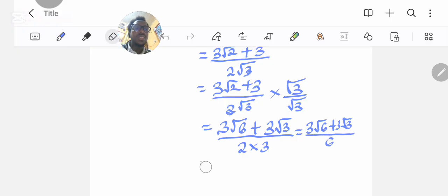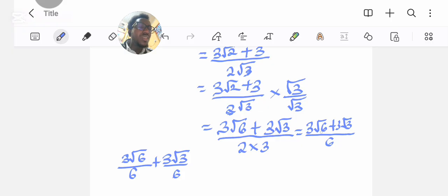And this is the same as this. You can easily separate this and say this is 3 root 6 all over 6 plus 3 root 3 all over 6. So the numerator has taken the denominators because this 6 belongs to each of the numerators that we have. So 3 can go here 2, 3 here 2.